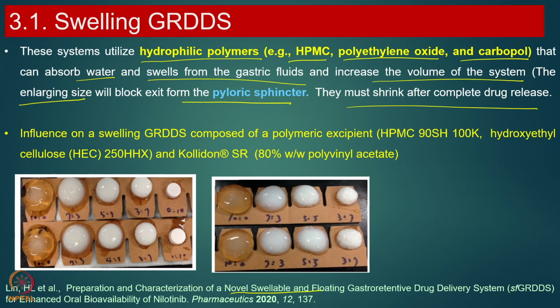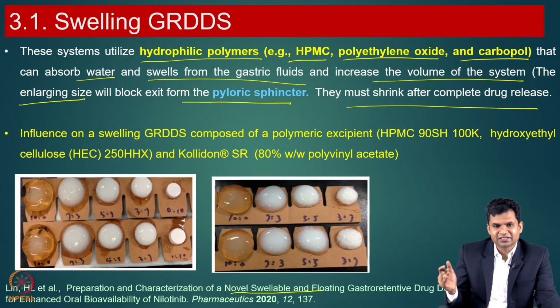Now, in the pictorial representation, this is collected from the paper, preparation and characterization of novel swellable floating gastroretentive drug delivery systems for enhanced oral bioavailability of nilotinib. This drug is used for anti-cancer applications and it has oral application also, right.